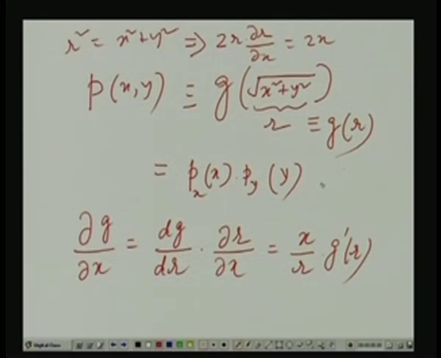So, I get del g del x, which on one hand is equal to x by r g prime of r, and this is also equal to p_x prime of x, that is the derivative of p_x(x) with respect to x, multiplied by p_y(y). Okay. So, let me write it down again clearly here.